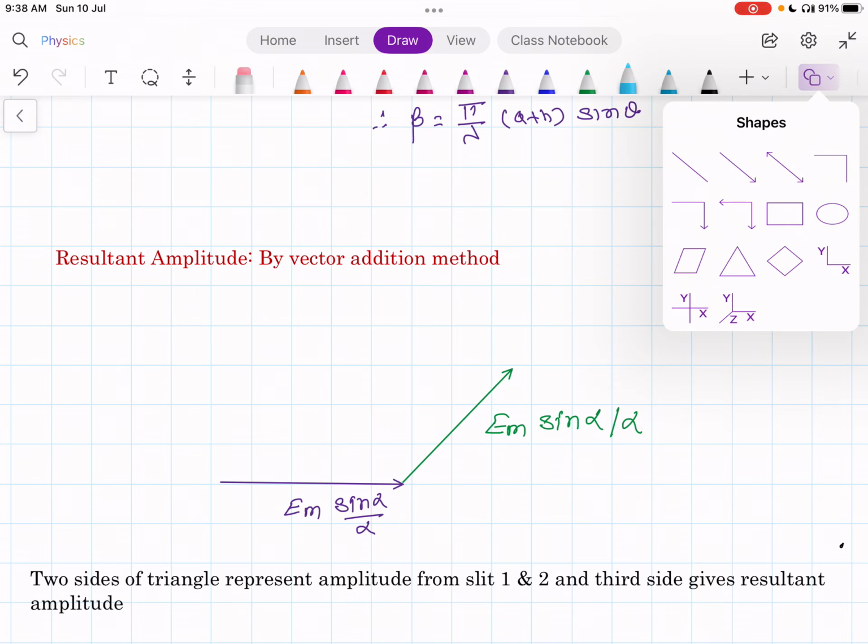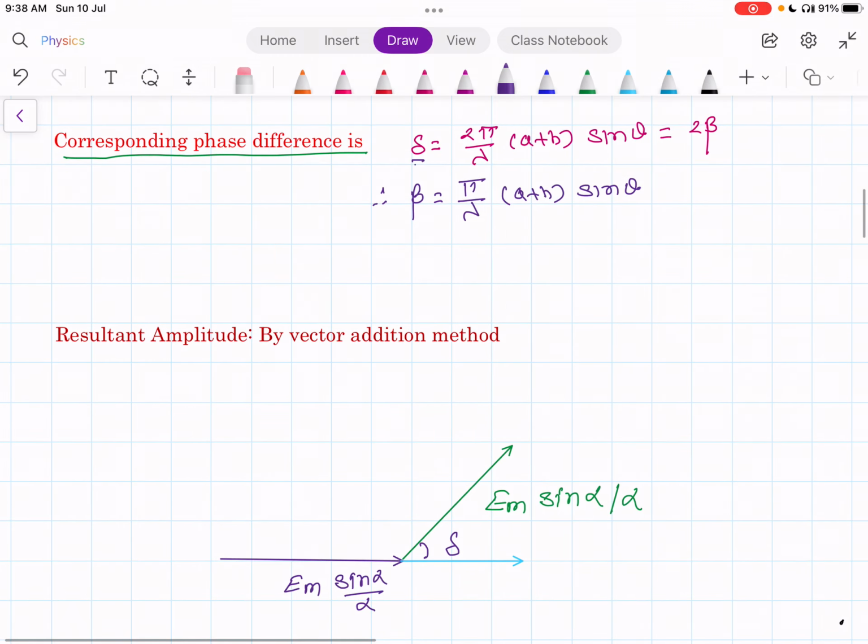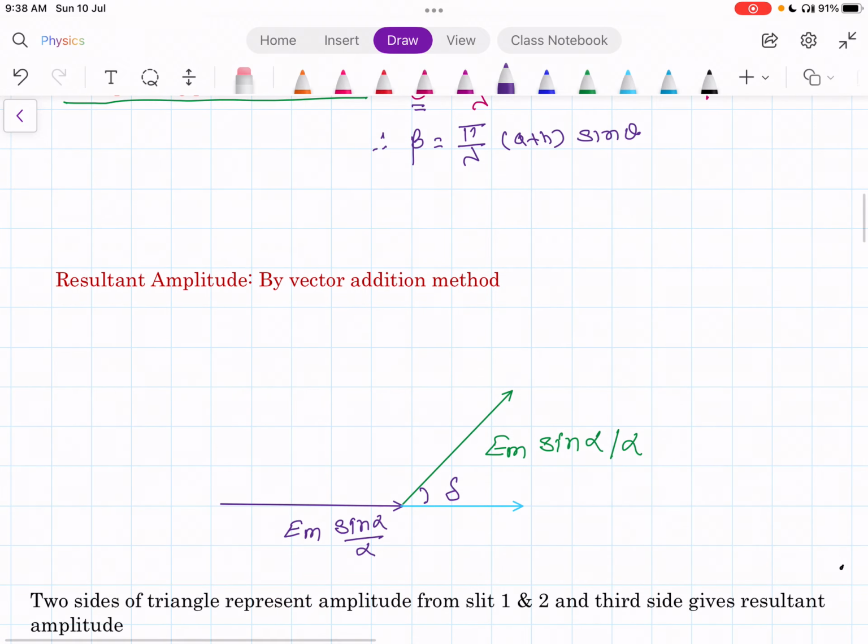And the phase difference between them is small delta. That is the phase difference between these two waves.